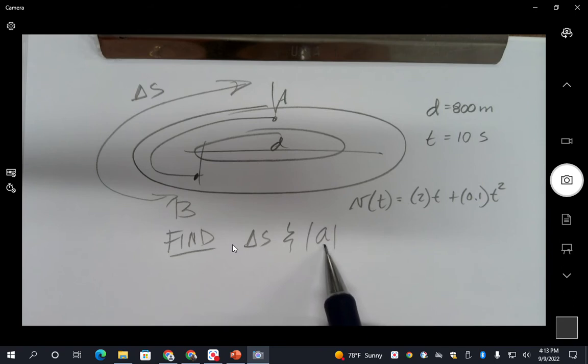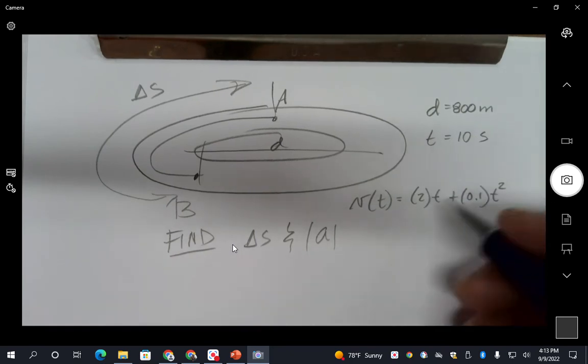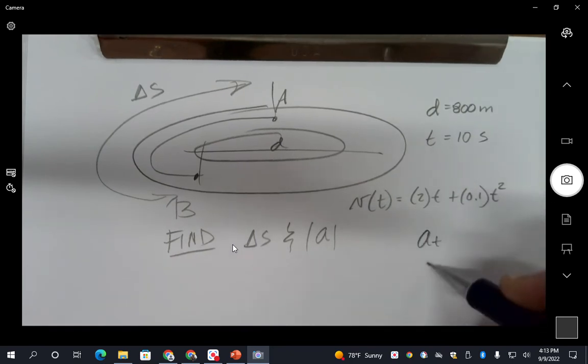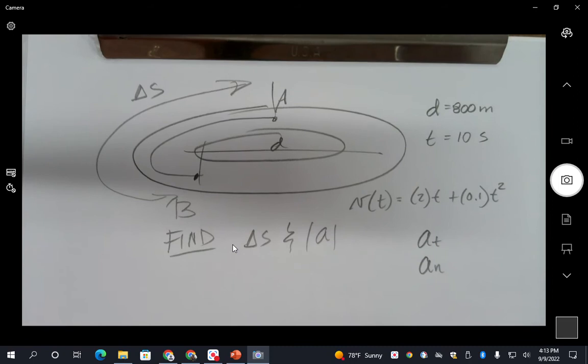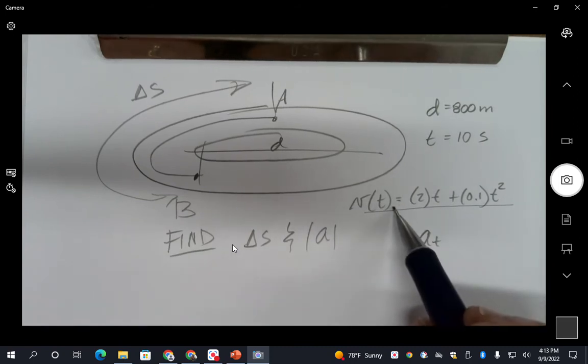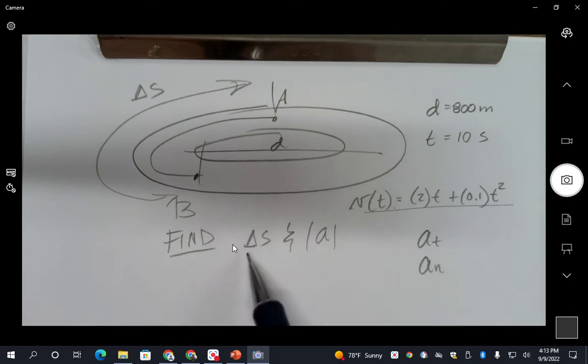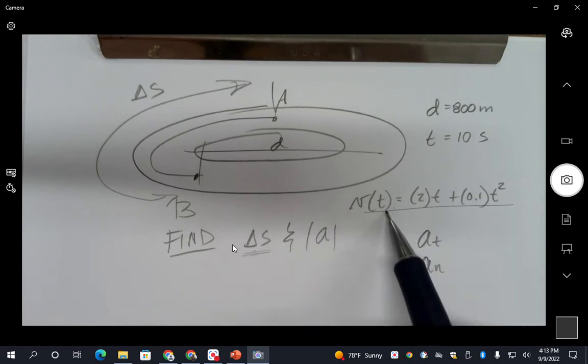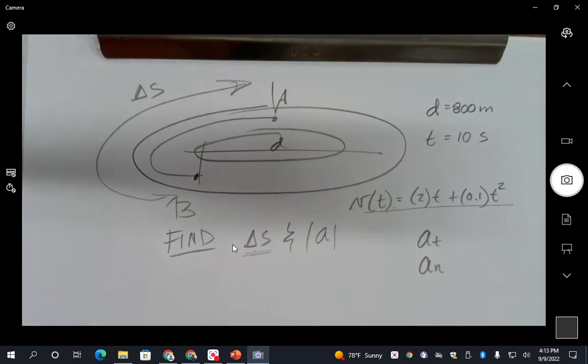So we know we're going to need the tangential and the normal. From this equation, we have to take the derivative to get the acceleration, but we also need to find the position, so we have to take the integral as well. So let's first find the derivative, because that's pretty easy.